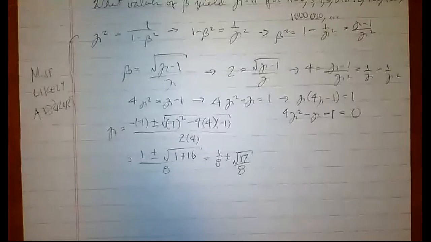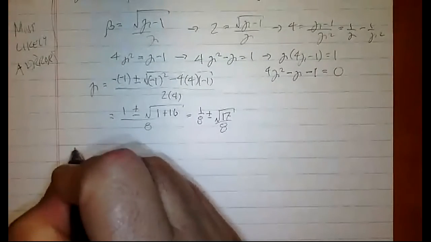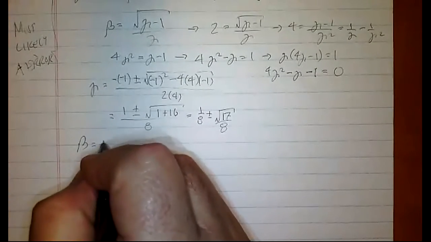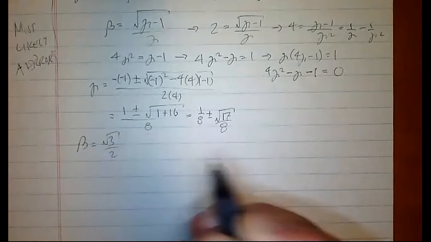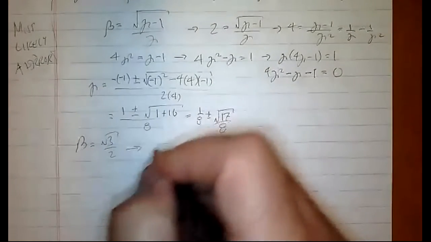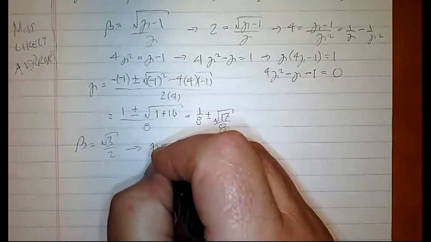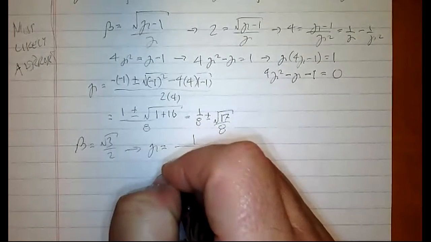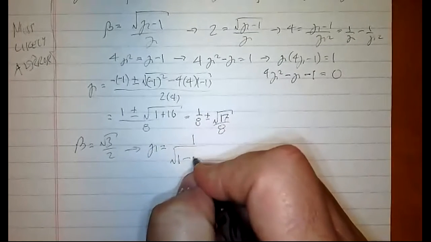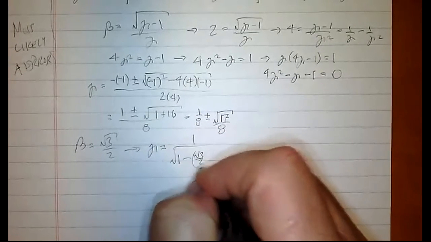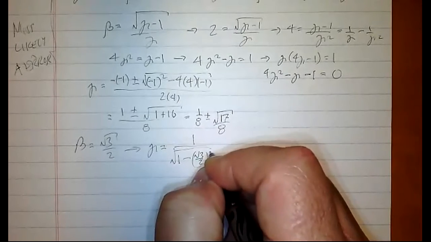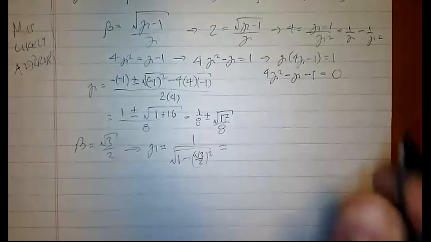Because look at this, if I actually try beta equals root 3 over 2, then gamma is going to be 1 over square root 1 minus square root 3 over 2 squared, like that. This pen looks like it might be dying.